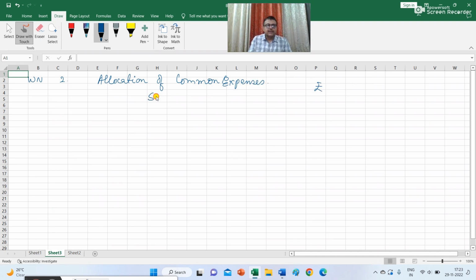The first item is staff remuneration, and the amount is 6,000. Next is stationery, the amount is 4,500. Next is rent, 27,000.